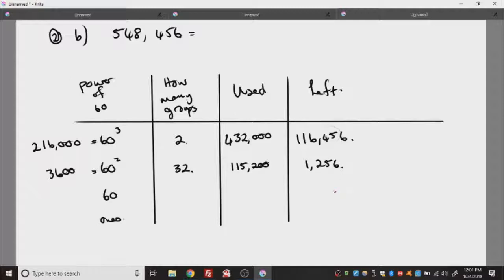What was left minus what I've used? You just do it on your calculator. It's fine. We had 116,000 and something left. That's now all I care about. Of that, I've used 115,200. What's left? That means subtraction.